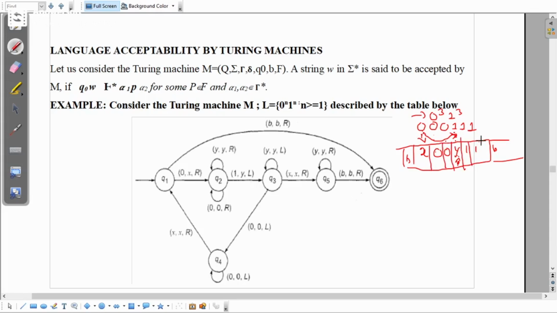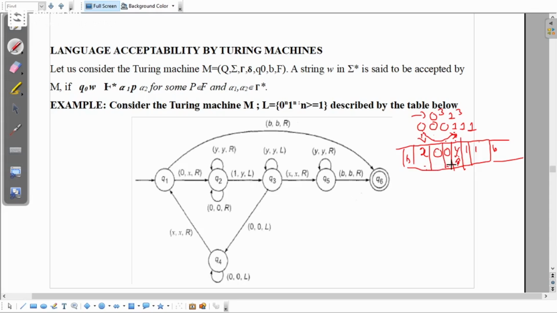This is what happens after matching the 1 with 0. Next, once I replace 1 by y, I'll go back to get the next 0. I'll keep moving left over the zeros because I do not know where exactly my first 0 lies.